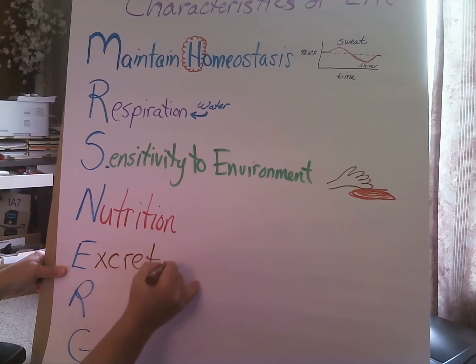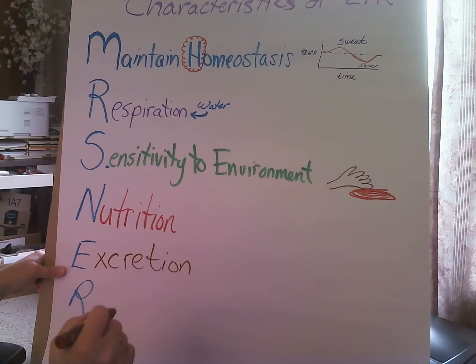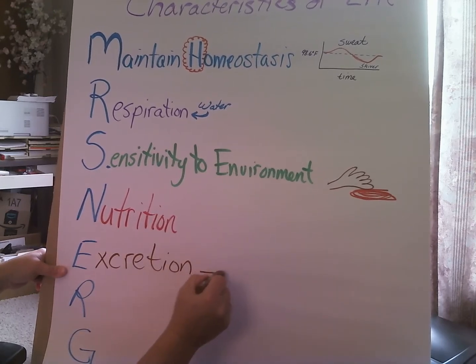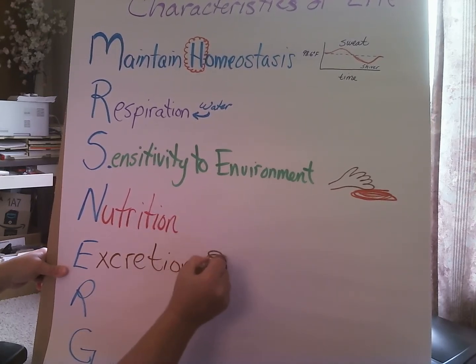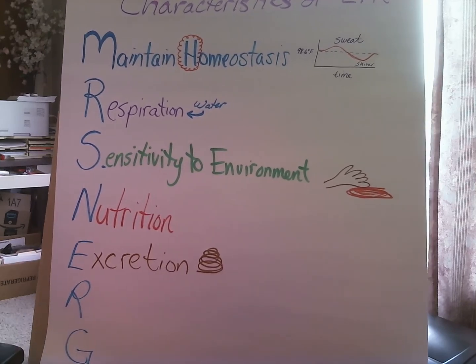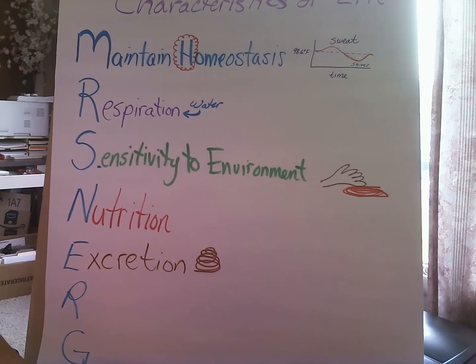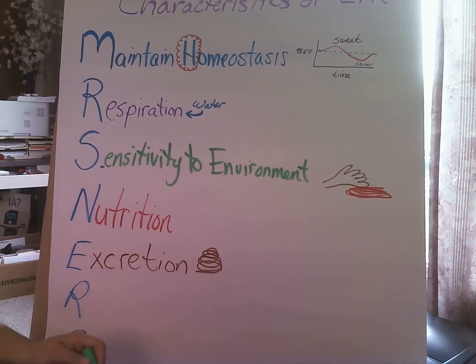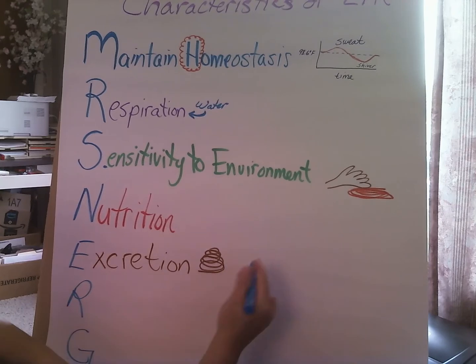E stands for excretion. Notice I put it in brown. So one way we excrete is pooping. I really like to breathe the excretions of a tree. So not everything is just coming out of something.